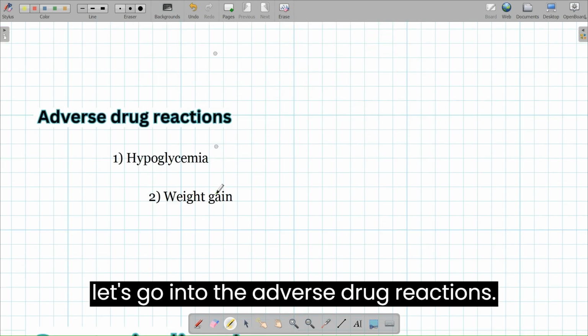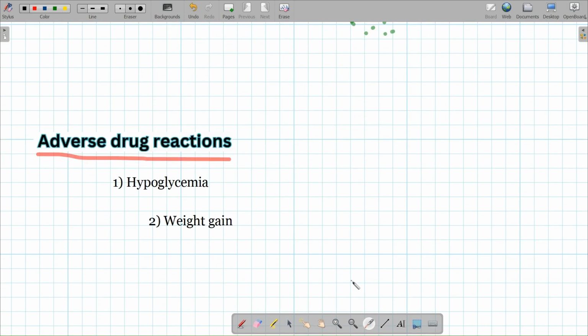Now let's go into the adverse drug reactions. There are two main adverse drug reactions: hypoglycemia and weight gain. Hypoglycemia we usually say when the blood glucose level falls below 70 mg per dl.